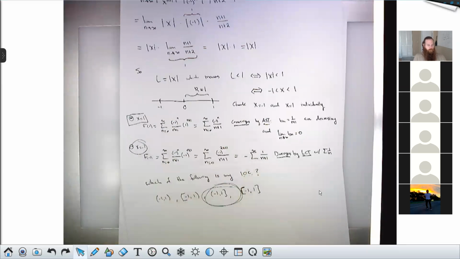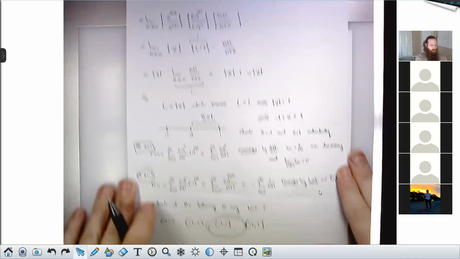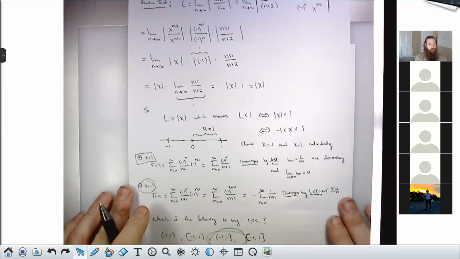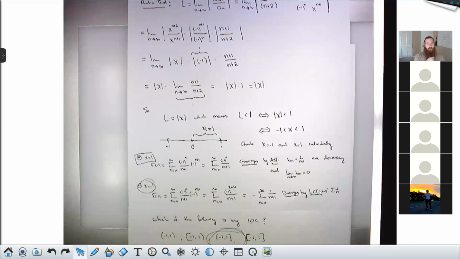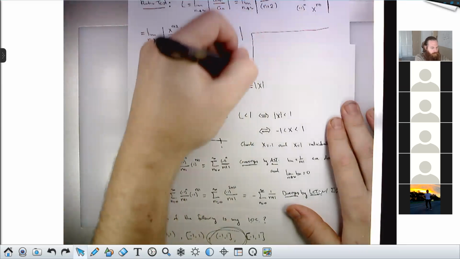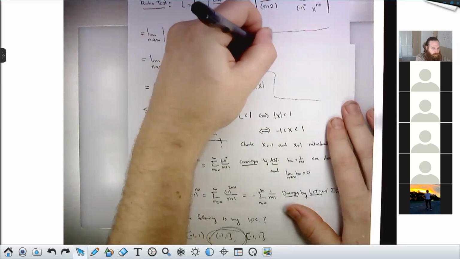Yeah, a quick question. How was the limit as n approaches infinity of n plus 1 over n plus 2? How is that equal to 1? L'Hopital's rule or renormalization or the limit tricks we learned.